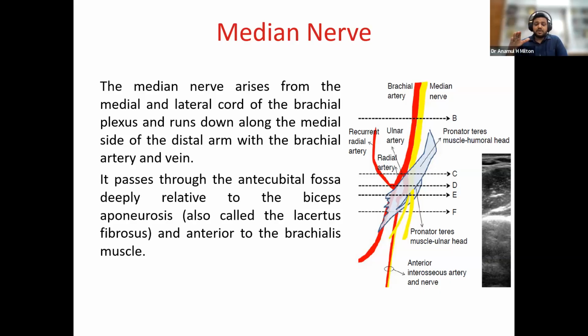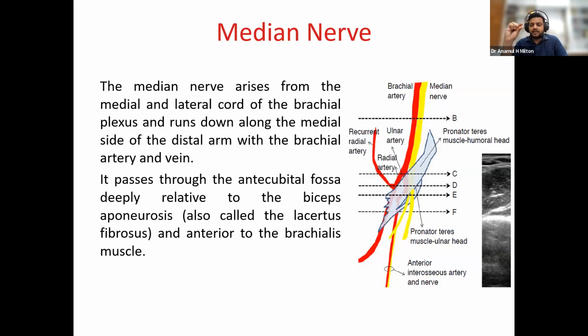It comes down to the medial side. So it is a transitional part, so it should be maintained, and this nerve goes under the lacertus fibrosus.